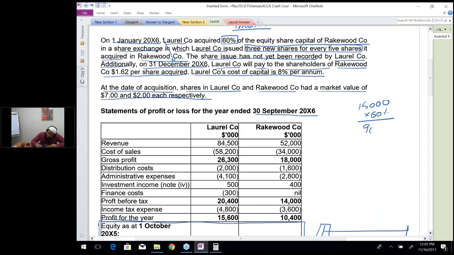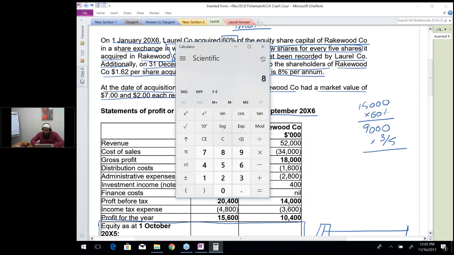So we have acquired 9,000 shares of the subsidiary, and in return we have provided two considerations. Our own 3 shares for every 5, that would become 9,000 into 3 divided by 5. So we have given 5,400 of our own shares.